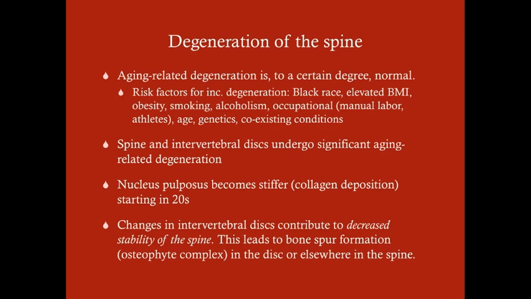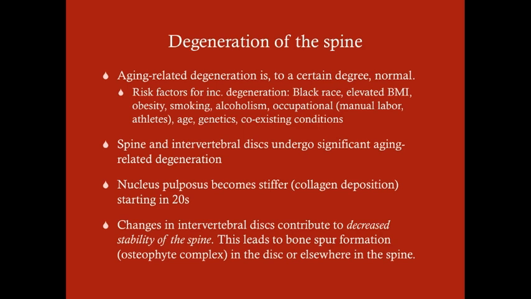Now, there are risk factors that can cause a faster degeneration and hence increase your risk for some of the various spinal diseases that we're going to talk about. These risk factors include modifiable risk factors such as alcoholism, smoking, obesity, occupational risk factors like hard manual labor, and athletic activities.